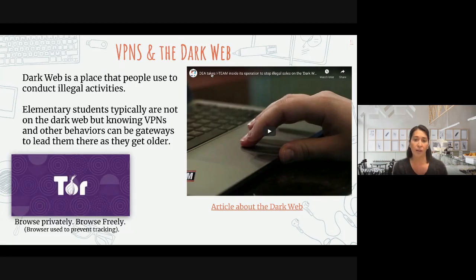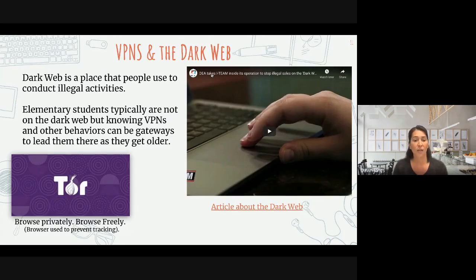And so while our kids may not be doing things on the dark web or accessing, those are gateways that could lead into high school. And so you want to make sure when you're looking at your kids' devices that they don't have VPNs on there or they're not installed on their phone so that they can get around your firewalls or your protections that you've set up.